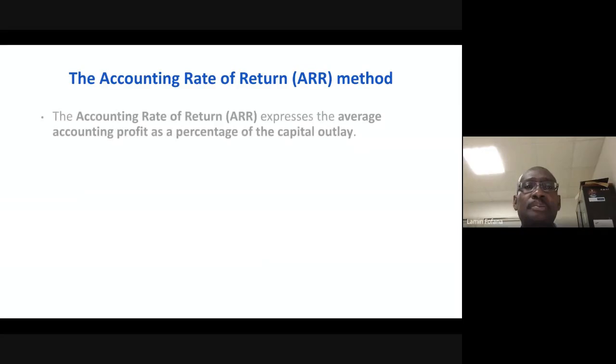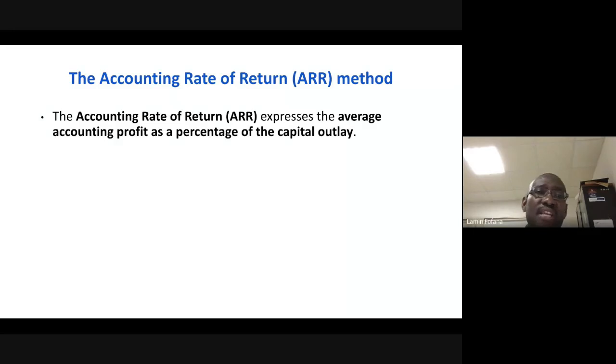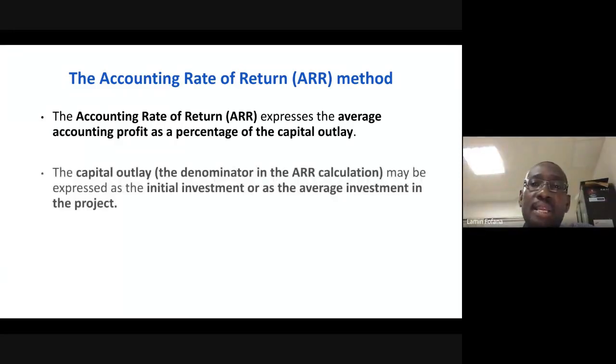Right, so accounting rate of return. As the name implies, it is expressed as an average accounting profit as a percentage of capital outlay. Same as ROCE, like I said, the denominator is the capital outlay. That's the only difference.